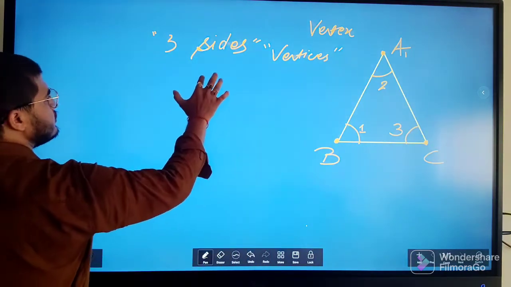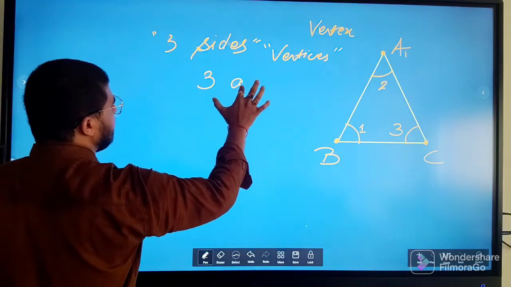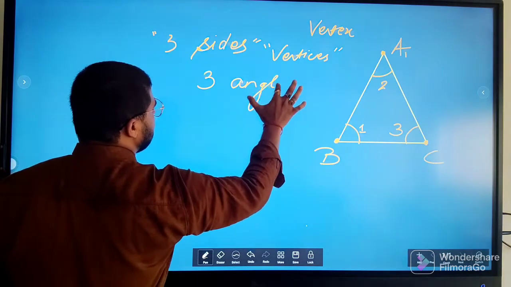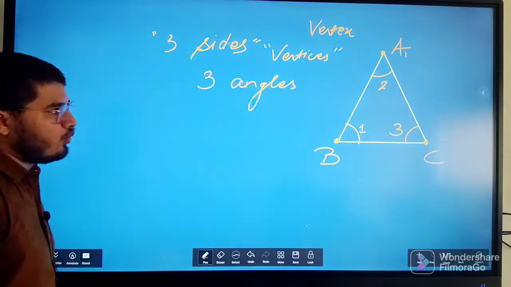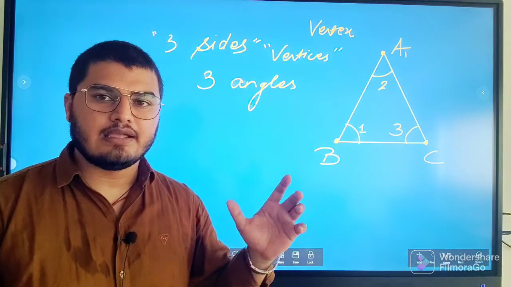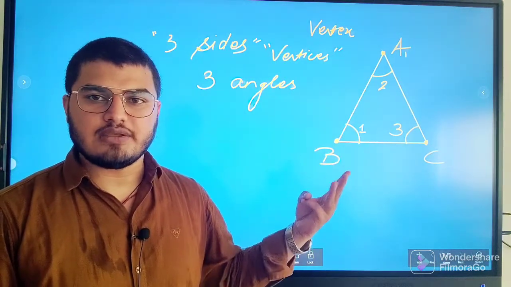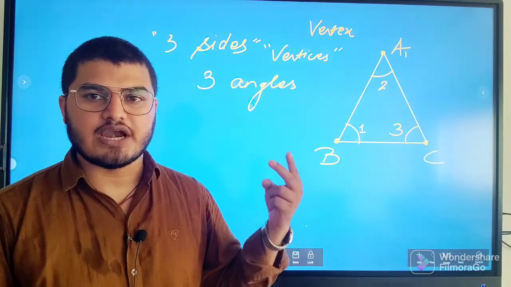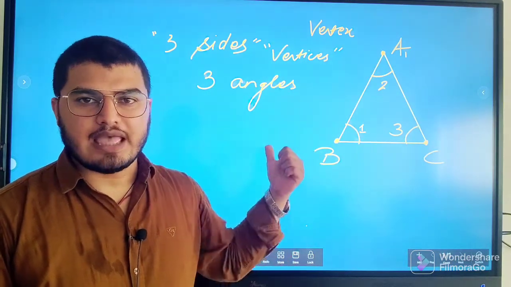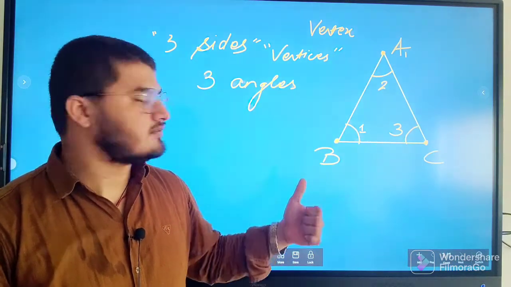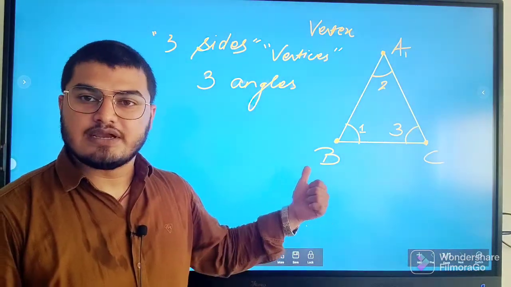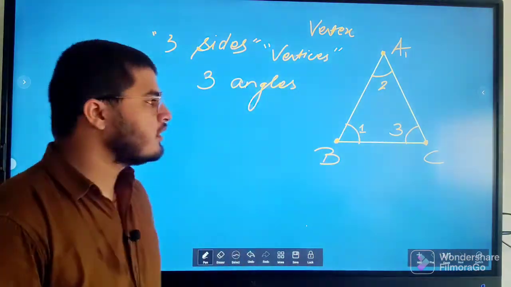So overall it also has three angles. From that you can get to know why the word triangle has been used, because it has three angles. So 3 stands for tri, 2 stands for bi. So that's how it got its name, triangle, right?